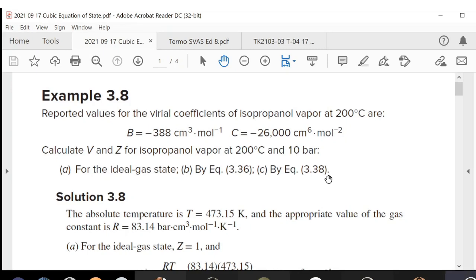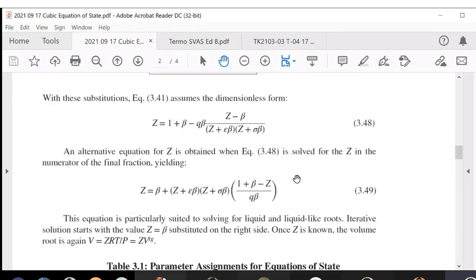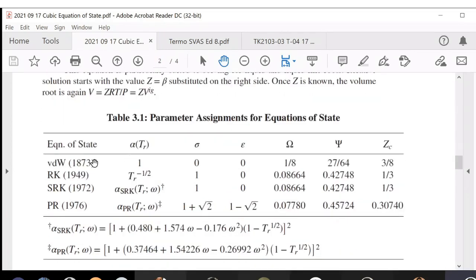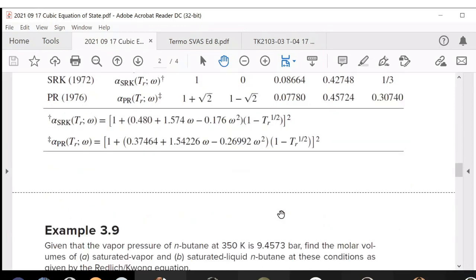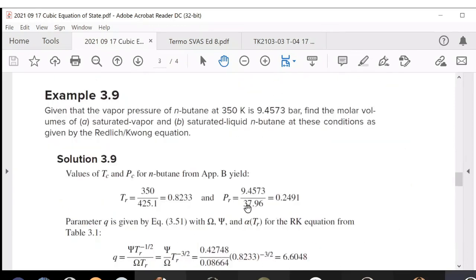We will concentrate first on the equations of state that are in the table over here. Now, it is easier to understand once we work with the example. We have normal butane. The pressure is 9.4 bar. The temperature is 350 Kelvin.